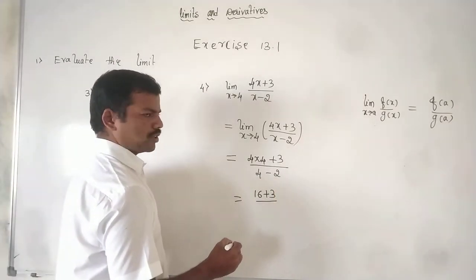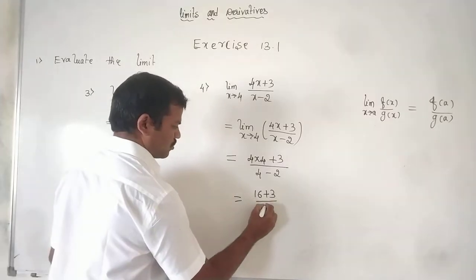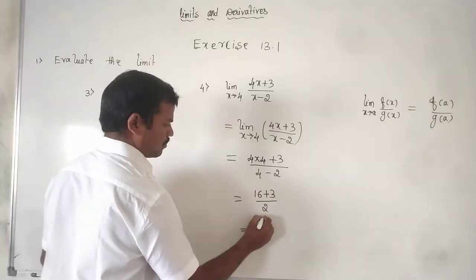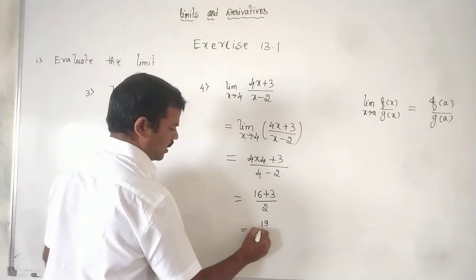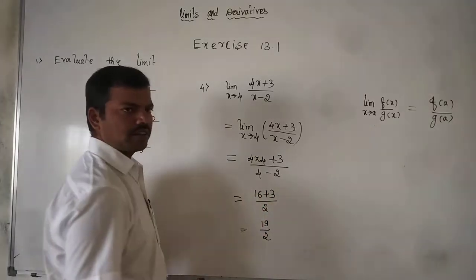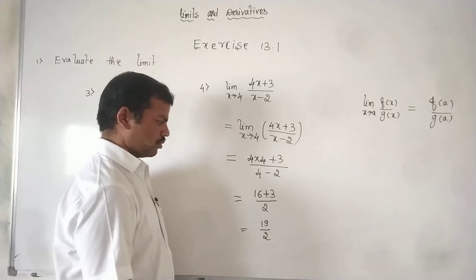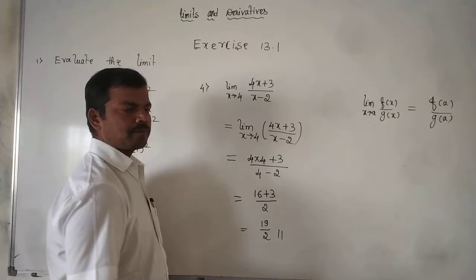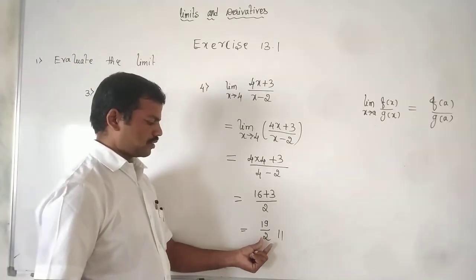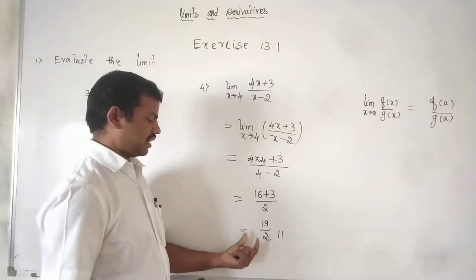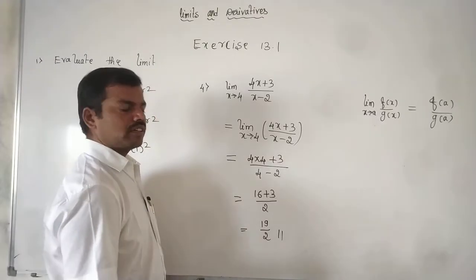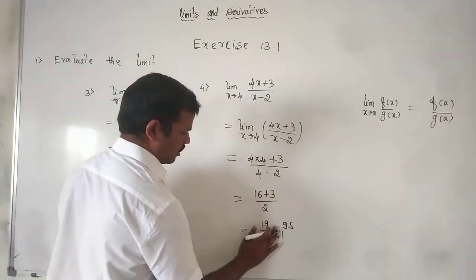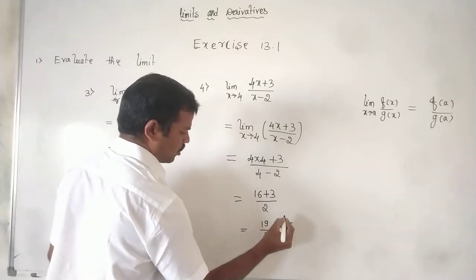What is 4 minus 2? 4 minus 2 is 2. 16 plus 3 is 19, so 19 by 2. 9 2s are 18, so 9 point something. 9.5. That is equal to 9.5.